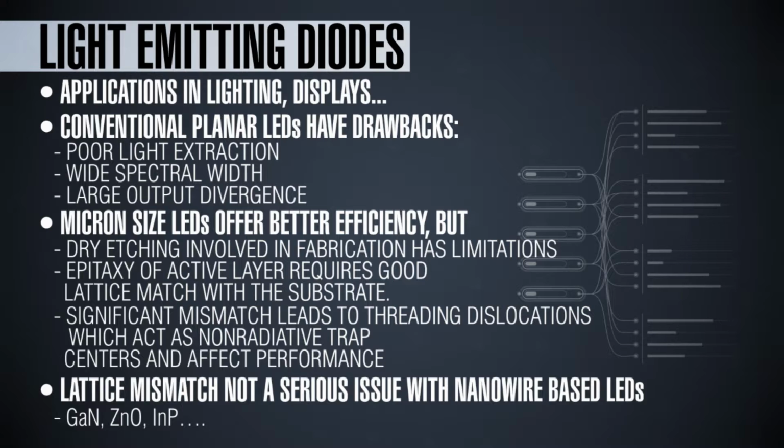If there is any significant mismatch at all, that will lead to all kinds of dislocations. Those dislocations can act as non-radiative trap centers, and that will adversely affect the performance. But lattice mismatch is not a serious issue when you have nanowires, because the area is much smaller. So the LEDs that have been demonstrated by the research community so far include gallium nitride, indium phosphide, and zinc oxide.